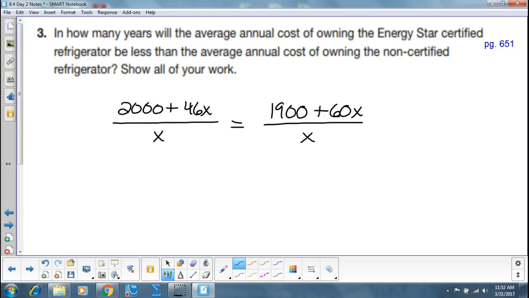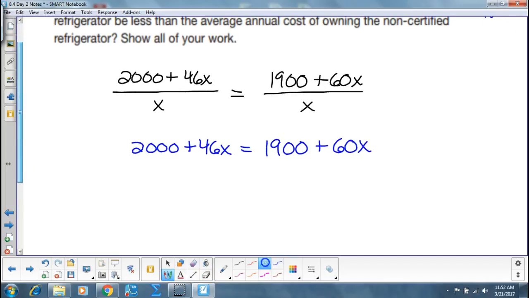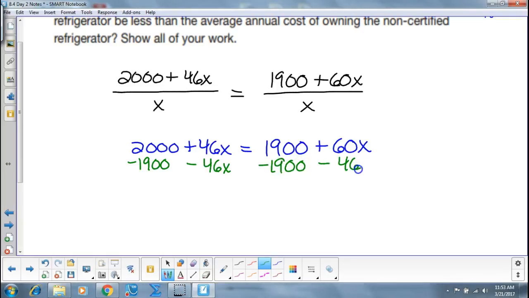Okay, so I could just go right to 2000 plus 46x equals 1900 plus 60x. Then if I subtract 1900 and I subtract 46x, I get 100 equals 14x.